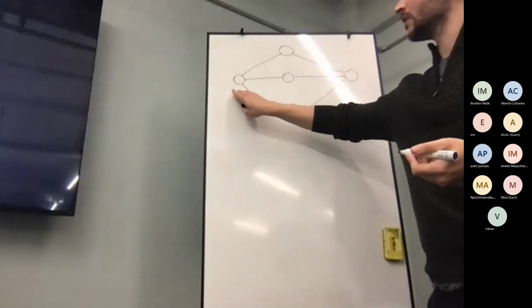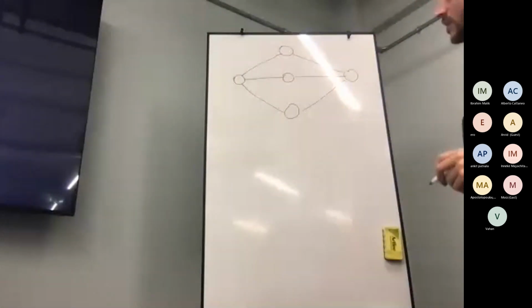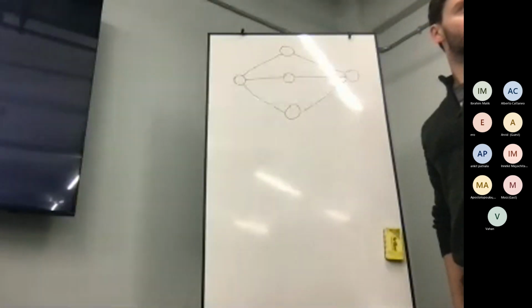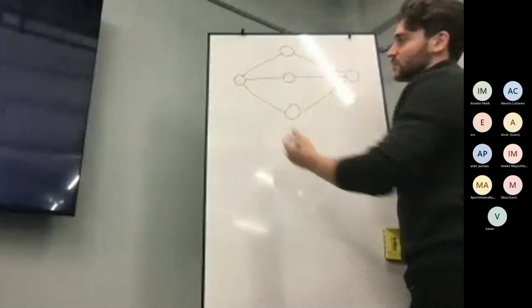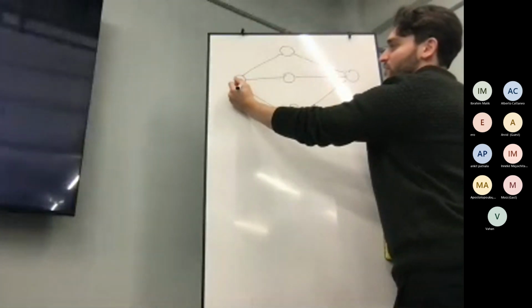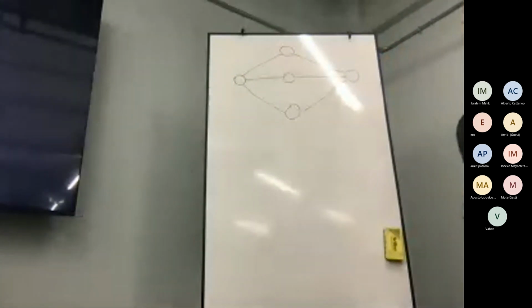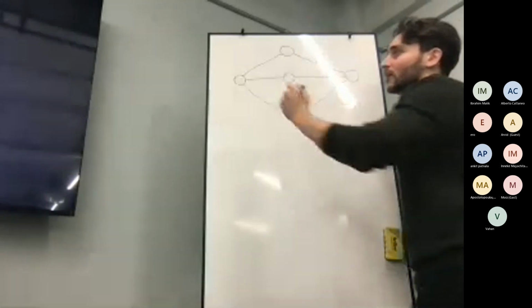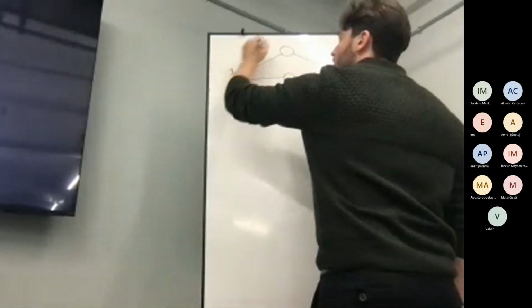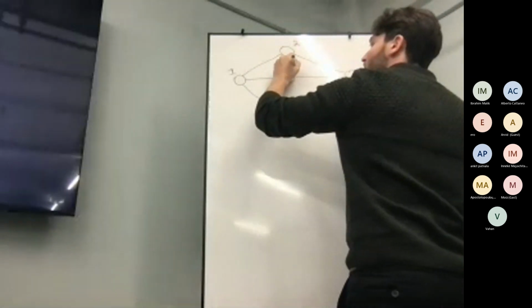There's no differentiation between them. Can you see the graph on your screen? Yes. Okay, cool. And the edges are undirected, which means that they're not pointing from one node to another. For the purposes of this explanation, let's give the nodes an arbitrary ordering, like 1, 2, 3, 4, 5.